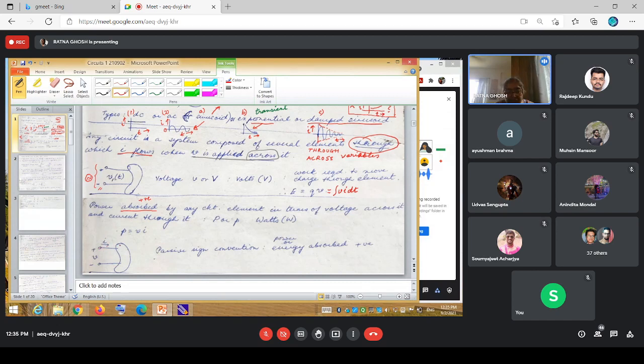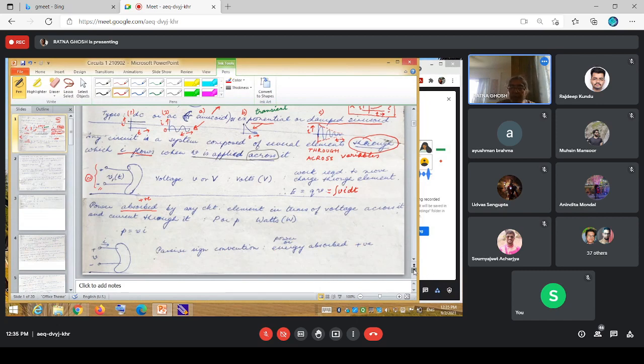It's understood that if it is going in through this, it's coming out through this one. So this is the positive and the negative terminal. Else you could also have shown it on this one. In this case, the value would have been minus of whatever this value is. As I mentioned, passive sign convention, so power or energy absorbed is considered to be positive.